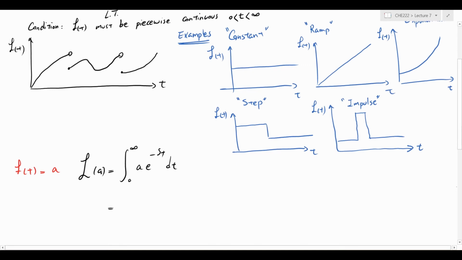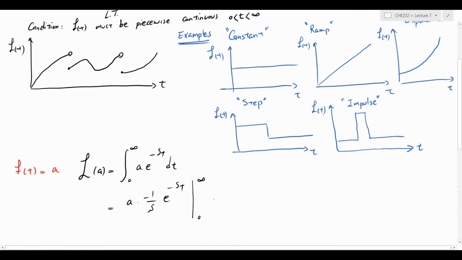The solution of this integral is a times minus 1 over s, e to the power of minus st, from 0 to infinity.